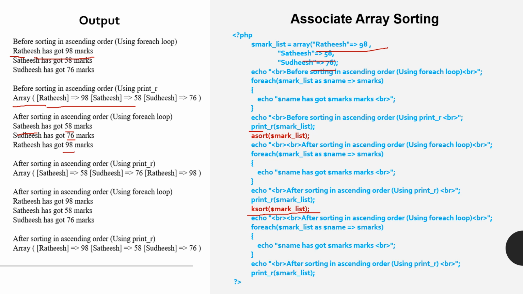Now what happened? Based on the key, it has been sorted. So Radish has come first. This much is clear now. It is the same thing only, I have displayed using print_r. That is the difference, just for understanding. This much is clear. This is about associative array sorting.